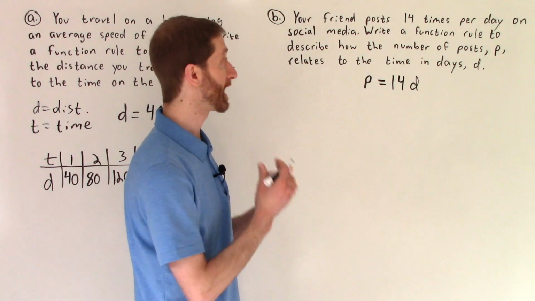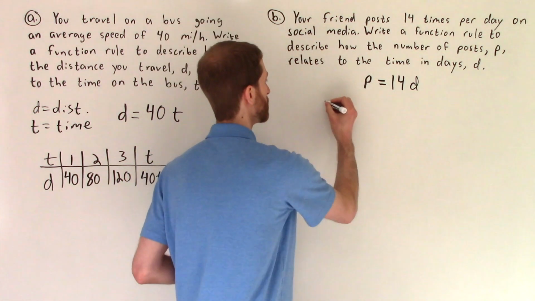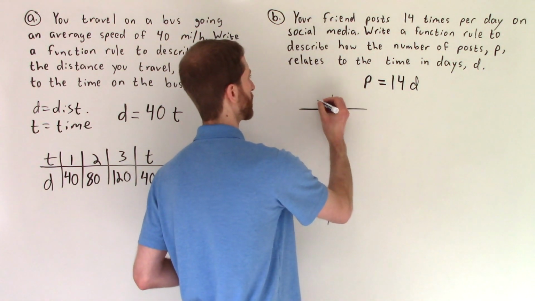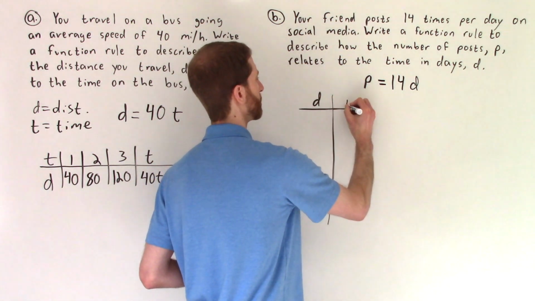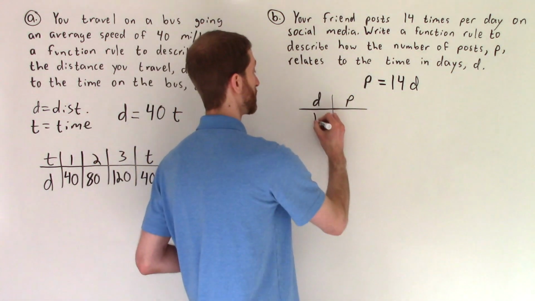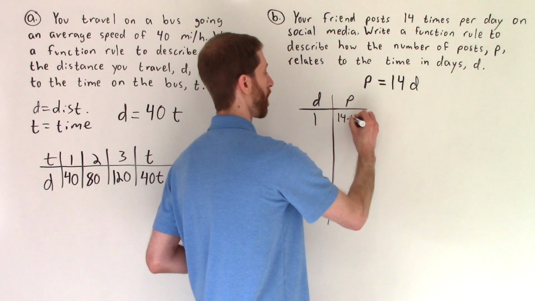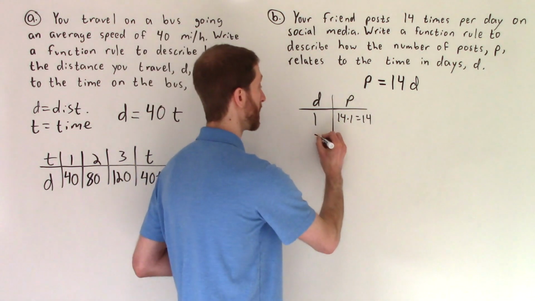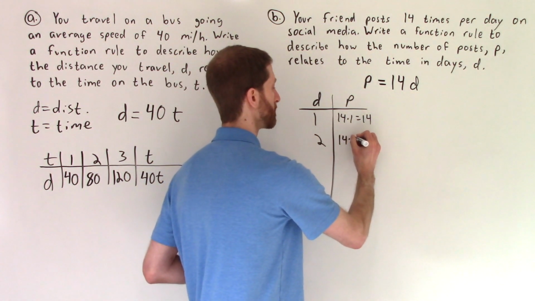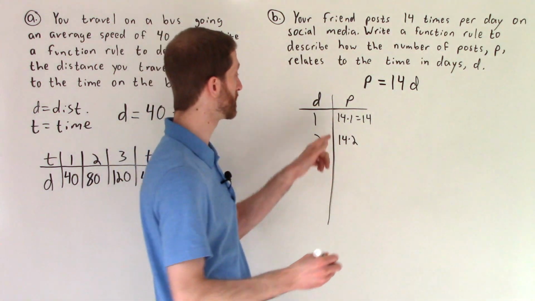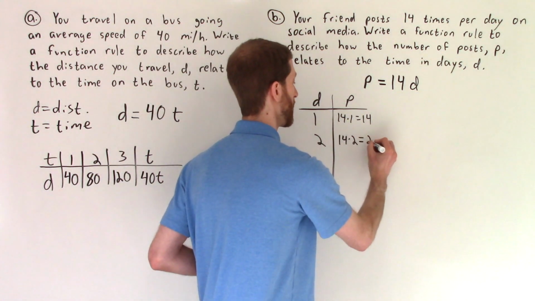However, if it's not nice for you, draw out a table, and you can do your table vertically. I know in the first example I did it horizontally, but you can certainly do it vertically. The number of days d is the input, and the output would be the number of posts p. After 1 day, you're doing 14 times 1, or 14 posts. After 2 days, you're doing 14 times 2, 14 posts for each day, 14 plus 14, or 14 times 2 is 28.